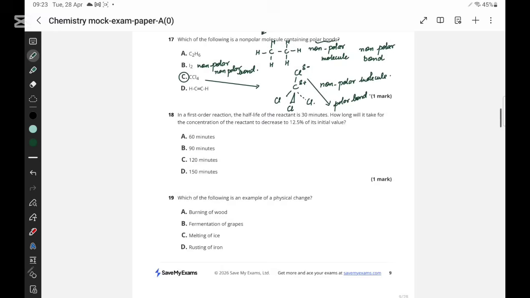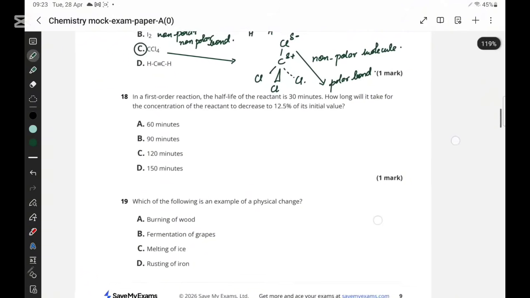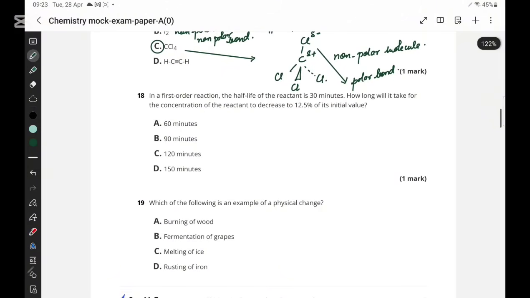For the next question, in a first order reaction, the half-life of the reactant is 30 minutes. How long will it take for the concentration of reactant to decrease to 12.5% of its initial value? Half-life is when the concentration of reactant becomes half, so after 30 minutes it becomes 50%.